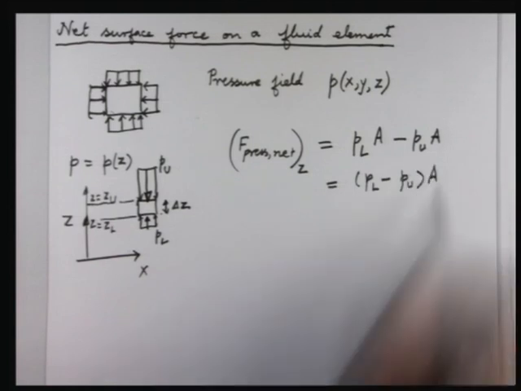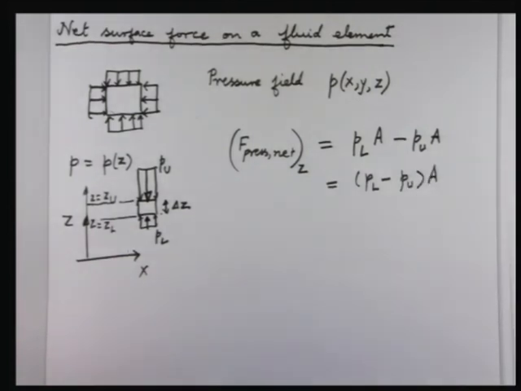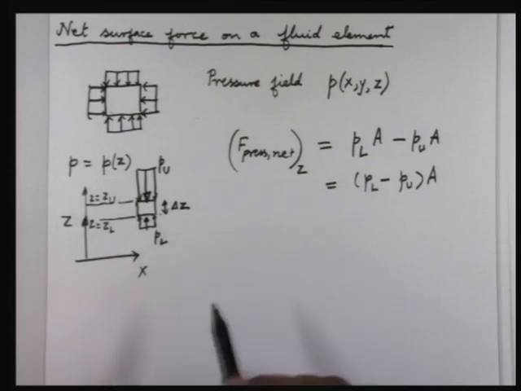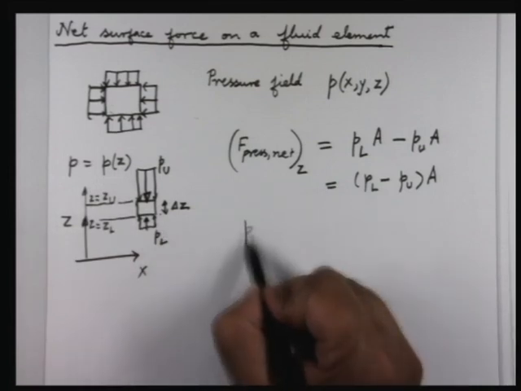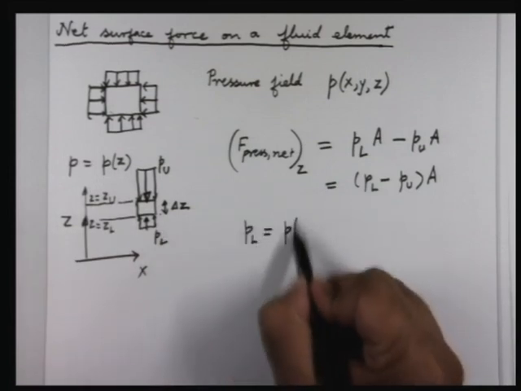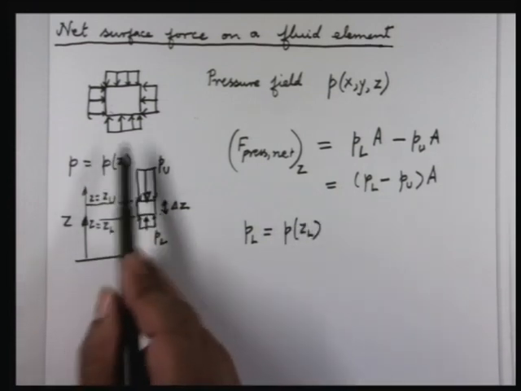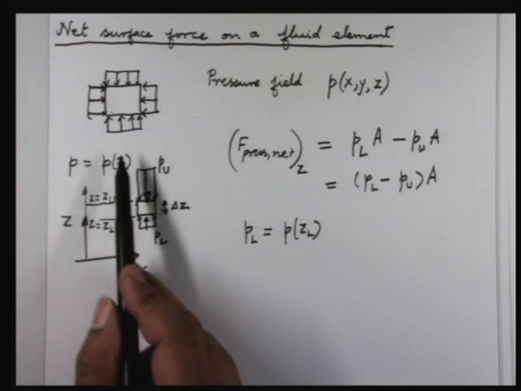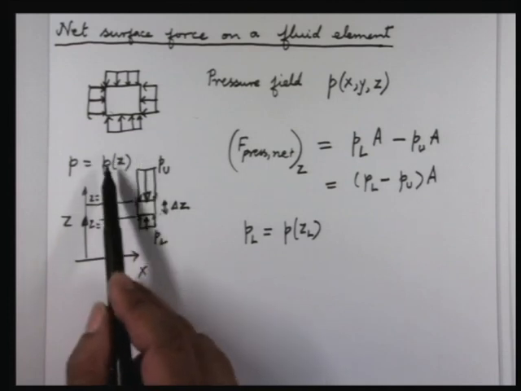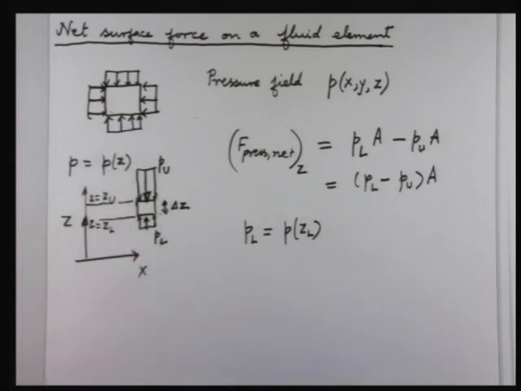I can factor out this area. Now we are saying P is a function of Z. So what is PL in terms of this? PL will be P of ZL. I give you a function here. I have to find this by solving a differential equation later on. So for the timing, I am denoting it by a function. And since the fluid is a continuum, this function is going to be a continuous function of Z.